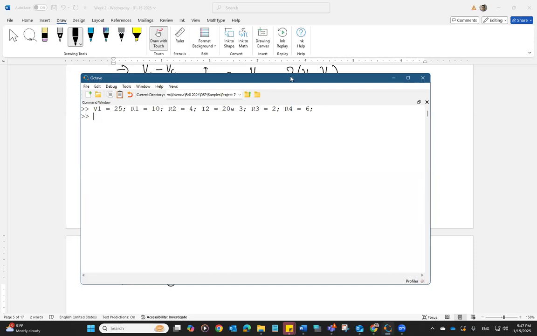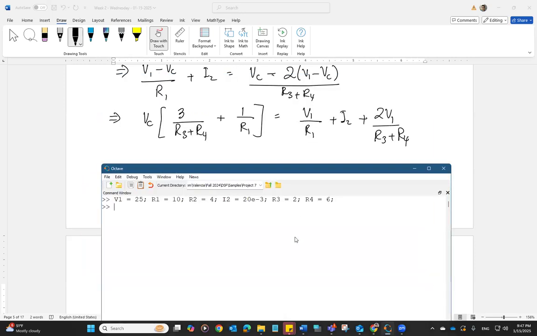And let's see, my equation is VC equal to V1 over R1 plus I2 plus 2 times V1 divided by R3 plus R4, divided by 3 divided by R3 plus R4 plus 1 divided by R1. This needs parentheses here.